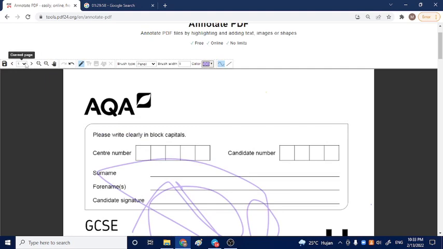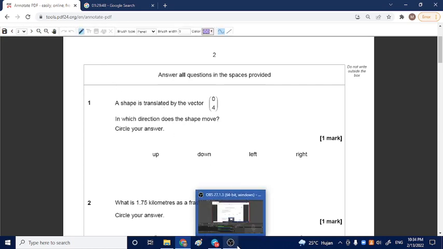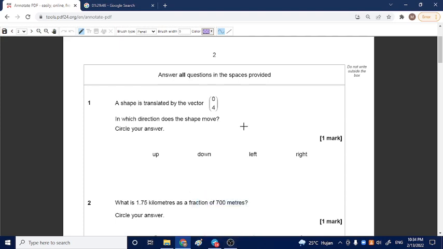Alright, we're already going to our first question. A shape is translated by the vector (0, 4). In which direction does the shape move? Let's say we have a point right here, point (0, 0), that's the origin.